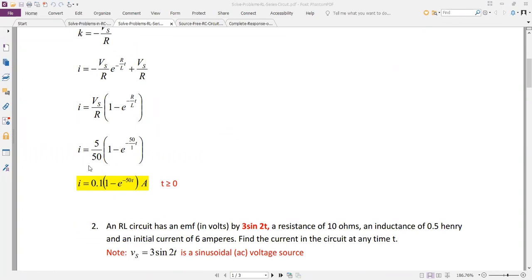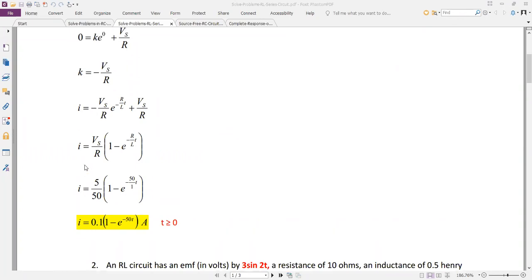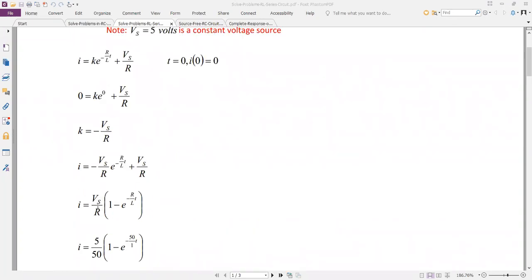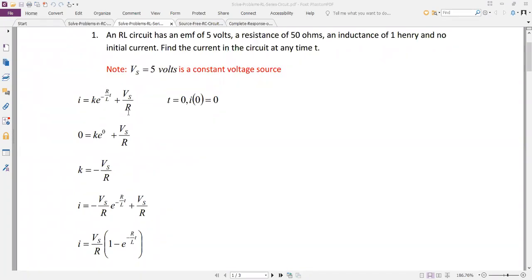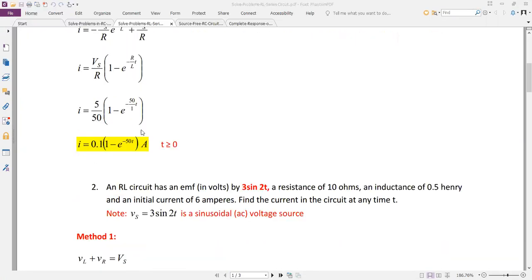So in this case, this should be your final answer, not the one that still has the K, not the one wherein you're simply substituting the R, the L, and the V sub S. It should be this form wherein the K is already known, and the only variable present on the right side is just the time.